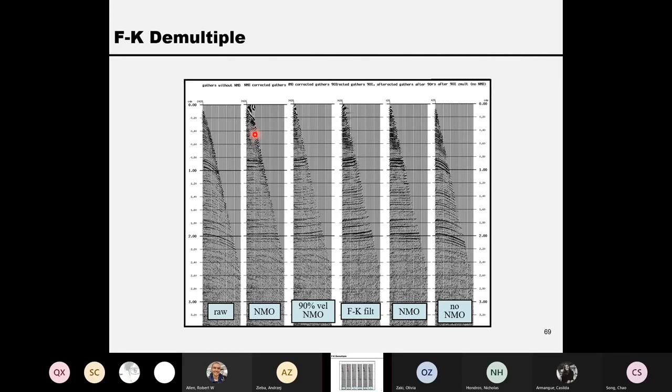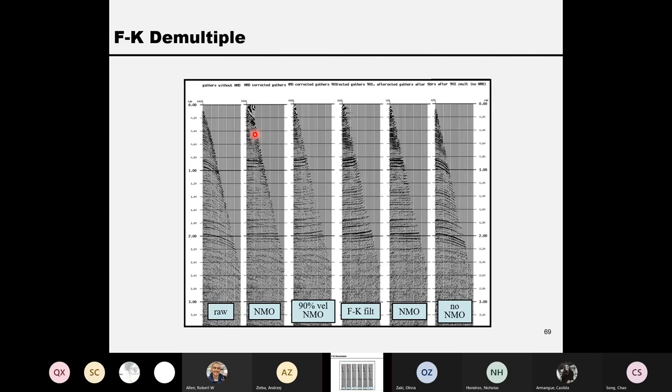So the same waveform becomes stretched after NMO, with its length enlarged. That means the actual frequency gradually decreases, which has a drastic negative effect on your data.